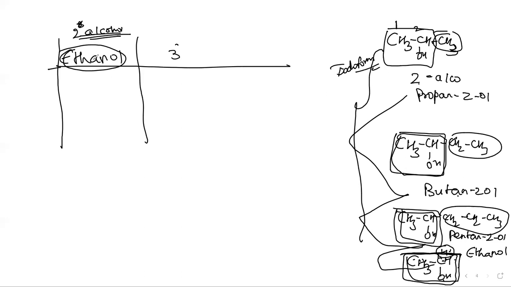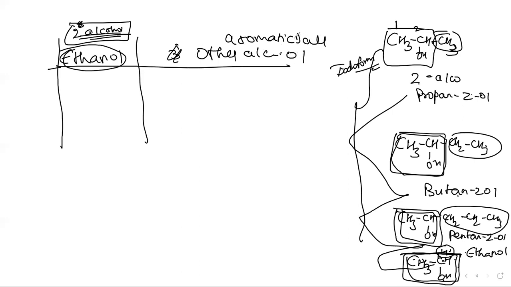So either ethanol or any 2 position alcohol. Examples are propan-2-ol, butan-2-ol, pentan-2-ol, ethanol. All these can be distinguished from any other alcohol, like aromatic alcohols. All other alcohols on one side, these 4 types on the other side.